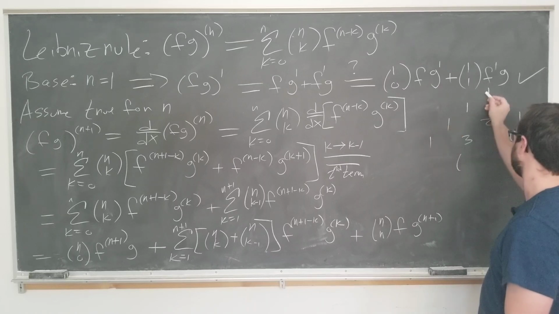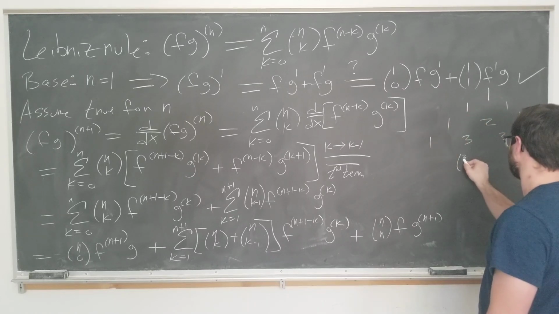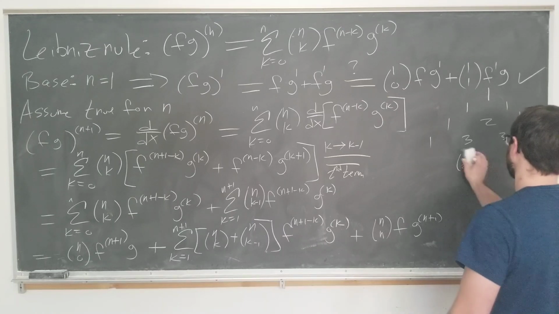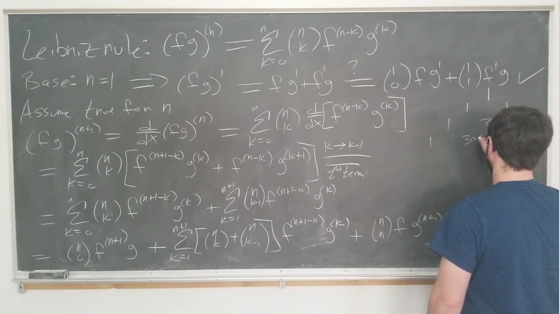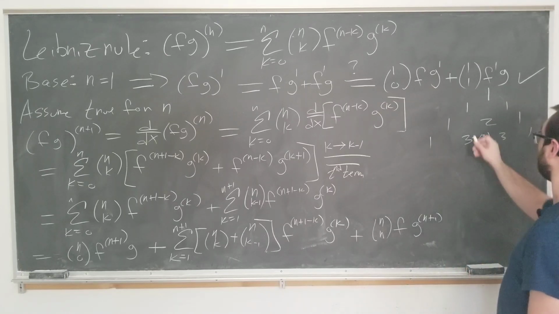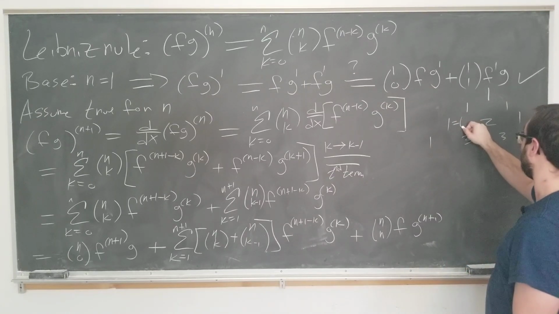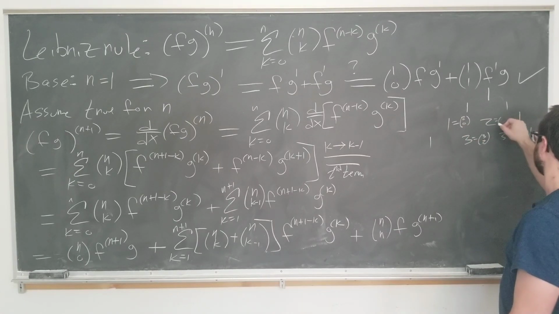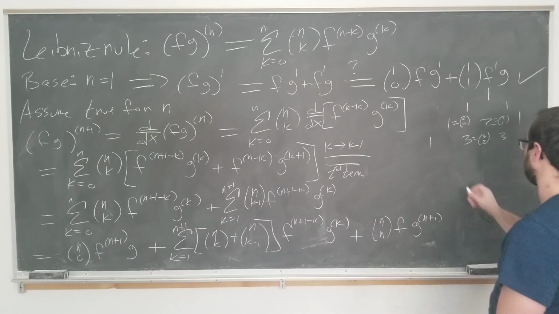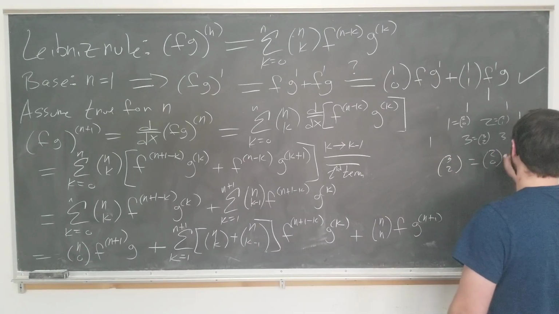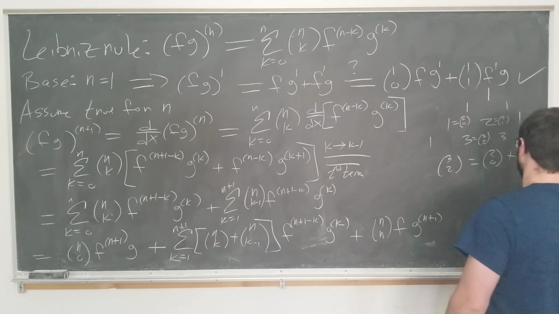This is 0, 1, 2, 3. 3 choose 2 is the same thing as we simply added this one, 1, which is 2 choose 0, and 2, which is 2 choose 1, together. So we have 3 choose 2 is equal to 2 choose 0 plus 2 choose 1.